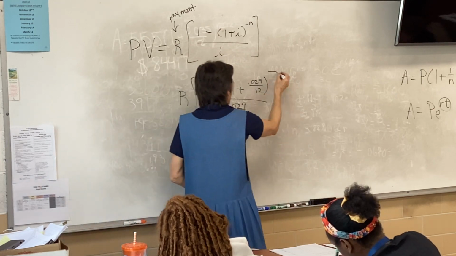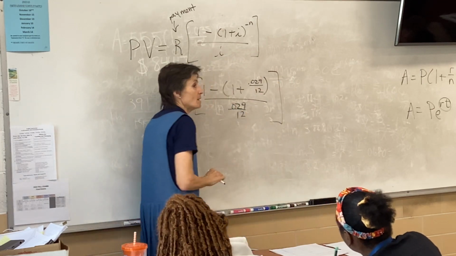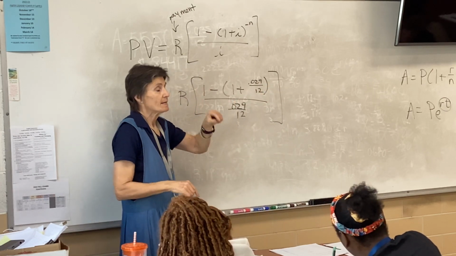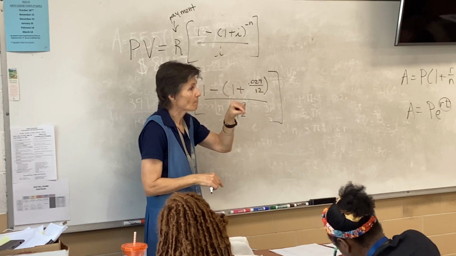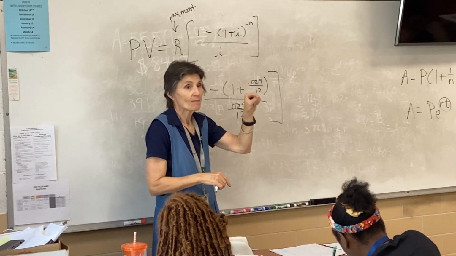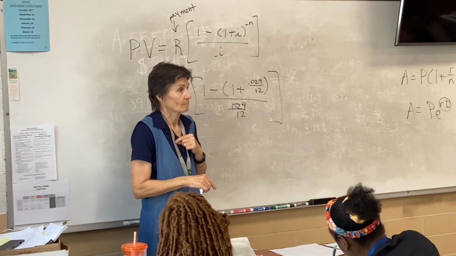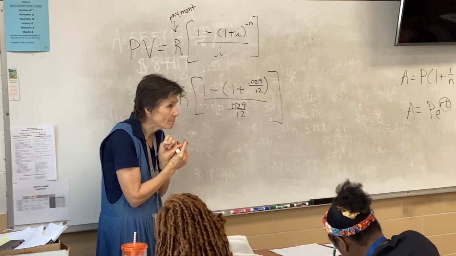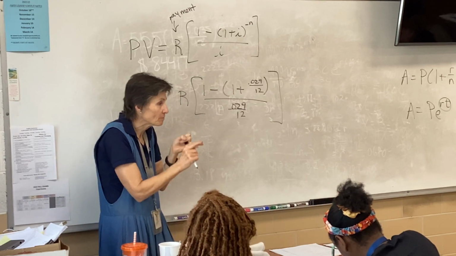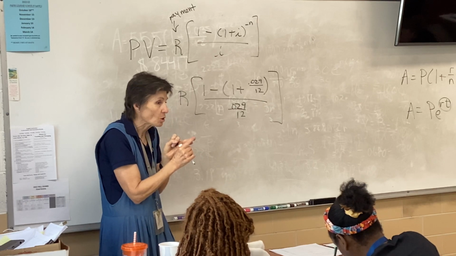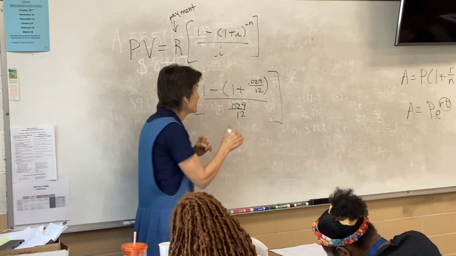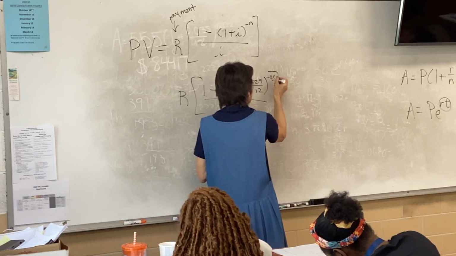So it's getting divided by 12. Very good, Meg. And that's the same thing that goes on the bottom, 0.029 divided by 12. Now, what is this N? The N in both formulas is the total number of payments the guy is going to make. So look at it. It's a 4-year loan, and he's making monthly payments. So what's his N? 48, and it's negative in this formula, negative 48.